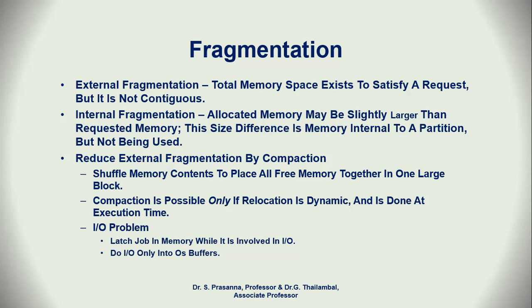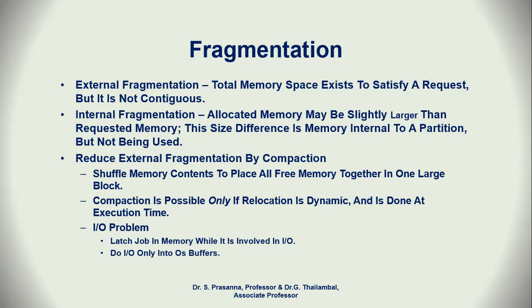That means you have holes. Suppose a 30K process is to be allocated, but you have holes of 5K that are not contiguous, so they are in different places. Then you have to split up your process into 5K pieces and allocate them in those holes, which are not together. That is called external fragmentation.